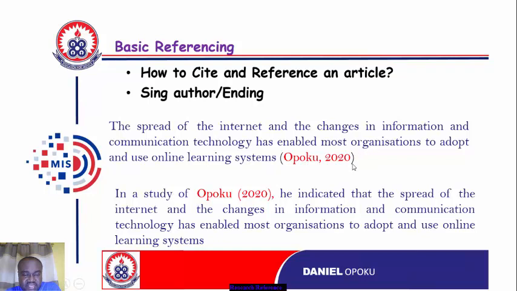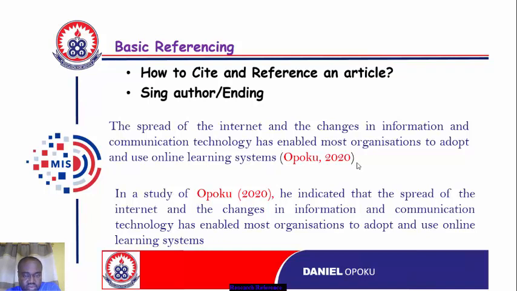It means that I picked this content, or paraphrased this content, from Opoku's work, Opoku 2010. So you have to cite Opoku 2010. Then you bring your full stop here. There must be a full stop here to close the statement.